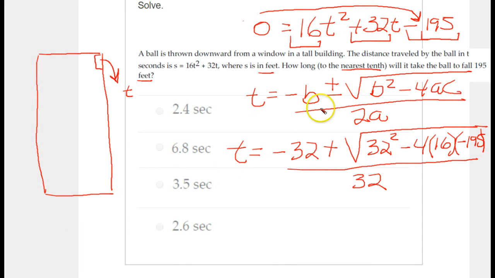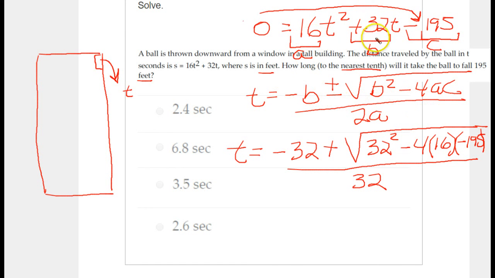Okay, so again, on your paper, you have this. If you want to make a picture, that even impresses me. That's good. But there's your quadratic equation in standard form, in which we identify the a term, the b term, and the c term. And now we put this into our formula.